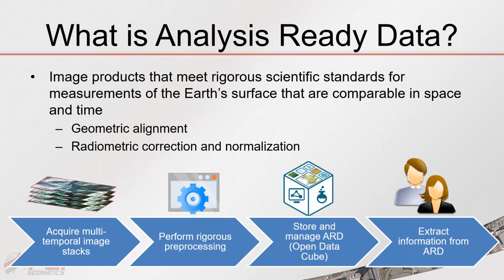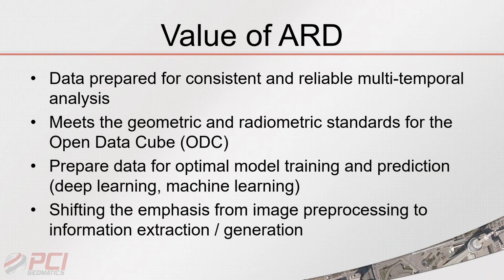We've talked a little bit about the value of ARD, so we want to be able to consistently and reliably measure changes on the ground using analysis ready data. Another key point here is shifting the emphasis from pre-processing, which is very time consuming and can be automated through leveraging large compute architecture and automation, to really focus on the important things, which are information extraction.